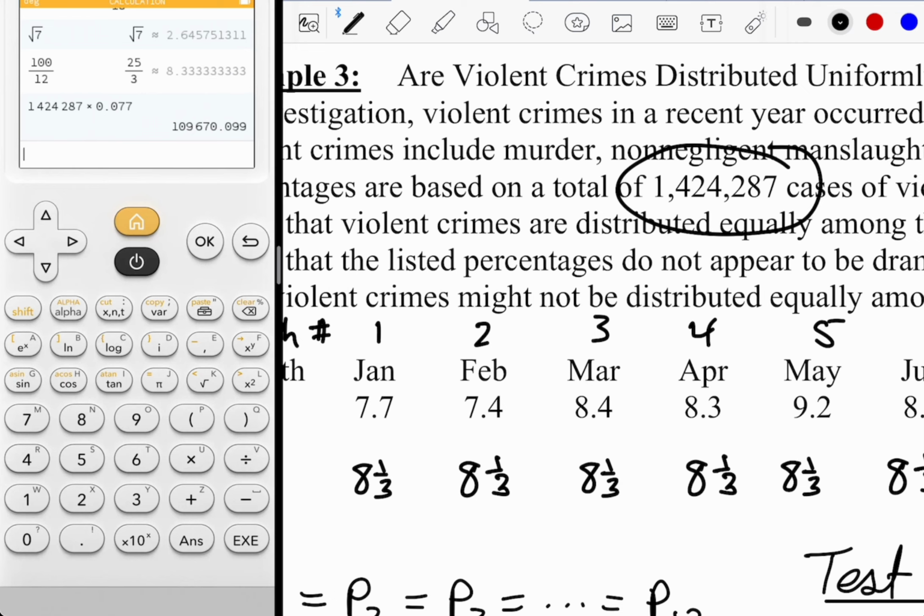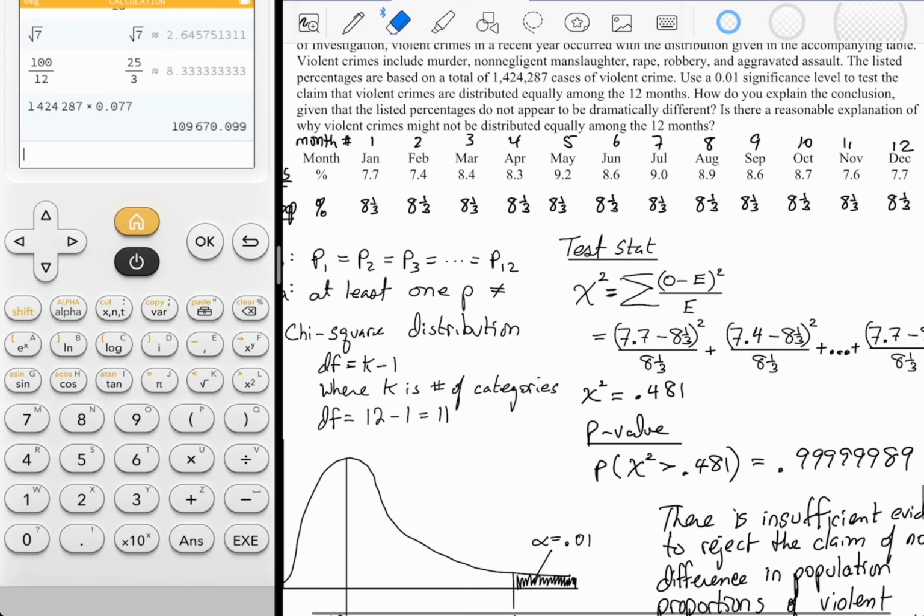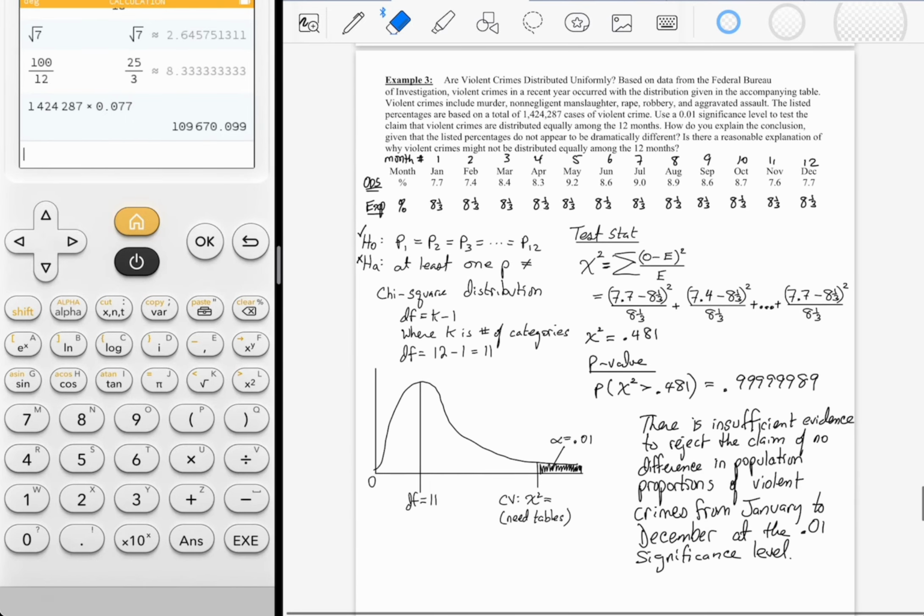So whatever the difference is between 7.7 and 8 1/3, if we multiply it by 1.4 million, it's going to show a substantial difference, which is going to unduly influence the hypothesis test. So what we typically do is scale it down so that the space between values decreases. That's one of the wishy-washy aspects of the chi-square: depending on how you approach it, you could get one conclusion as opposed to the other.